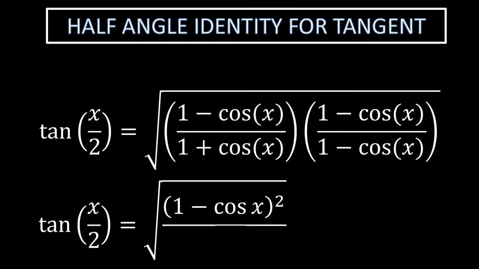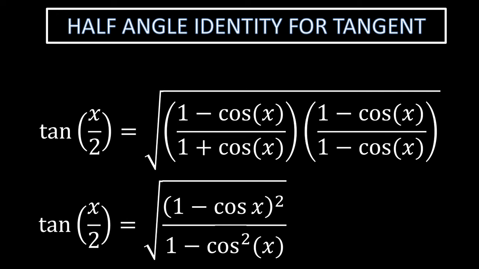And then the 1 plus cosine x times the 1 minus cosine x is the product of sum and difference. So what we do is square the 1, keep the negative sign, and then square the cosine. It will look like this.